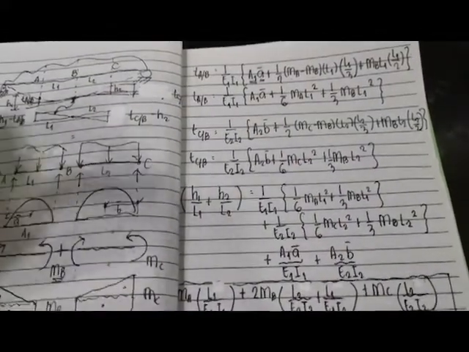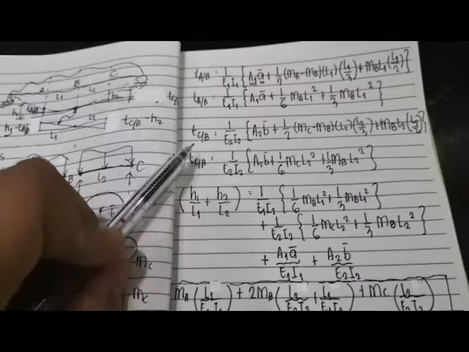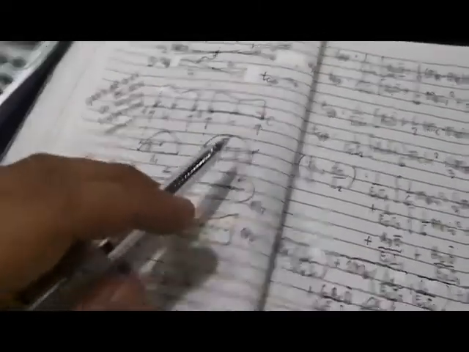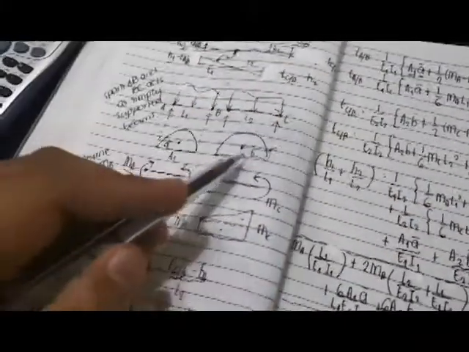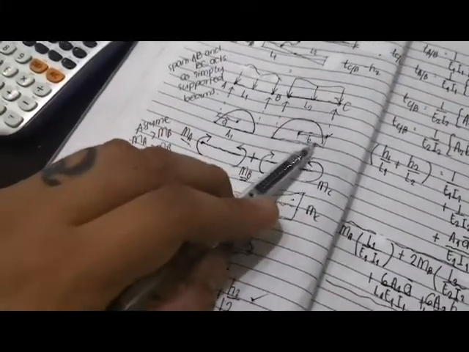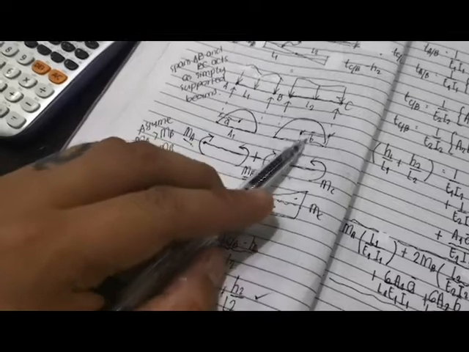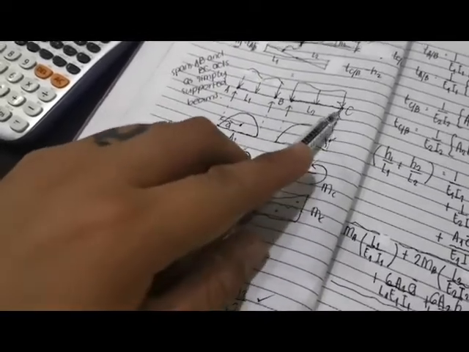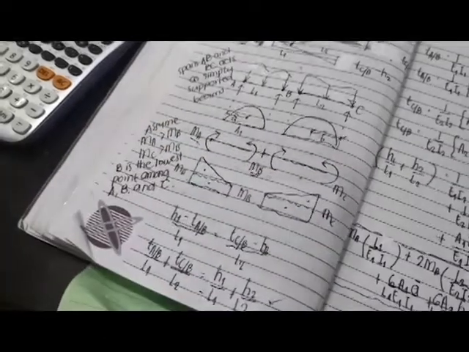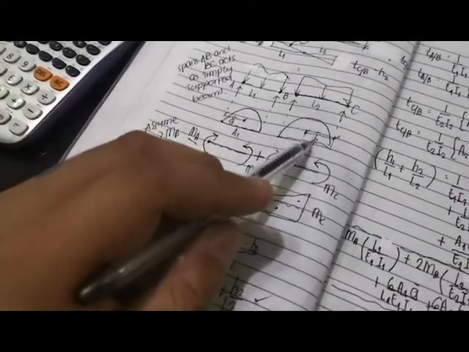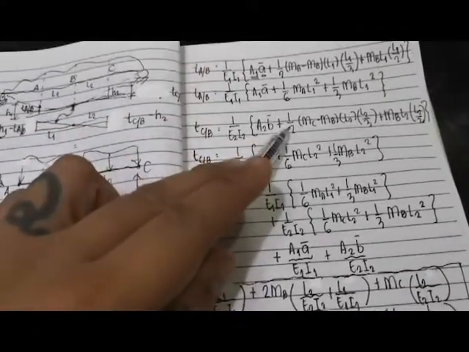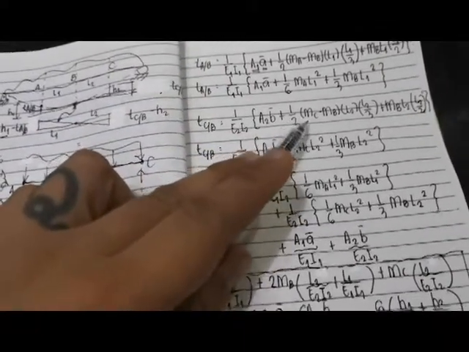Sa tangential deviation of C with respect to B naman, this is equal to A2, area 2, multiplied by the centroid measured from point C going to point B. So that is your A2 times B, plus 1/2 times MC minus MB.